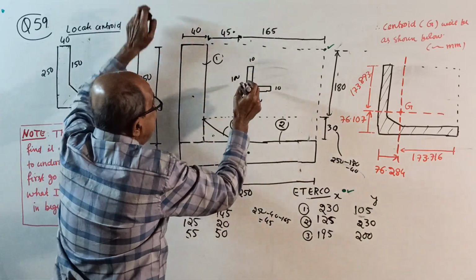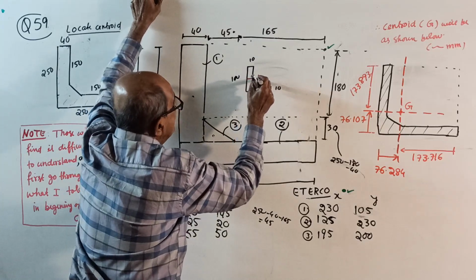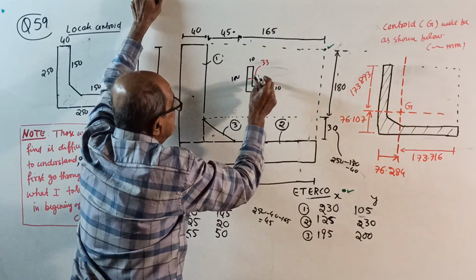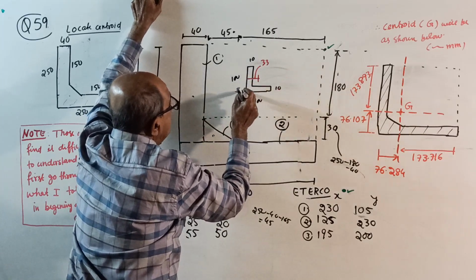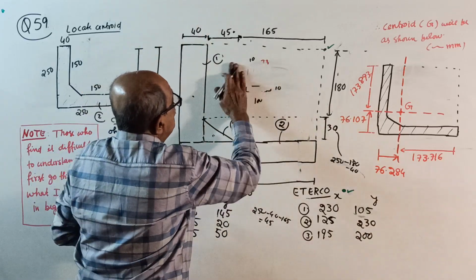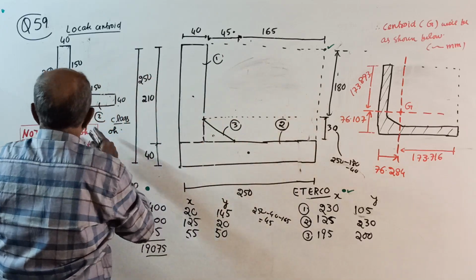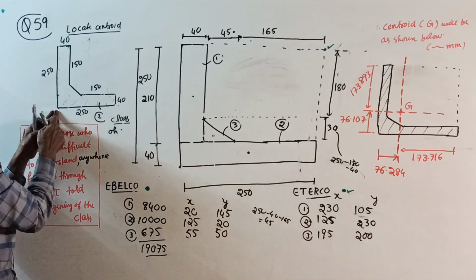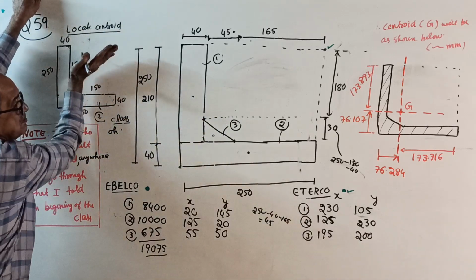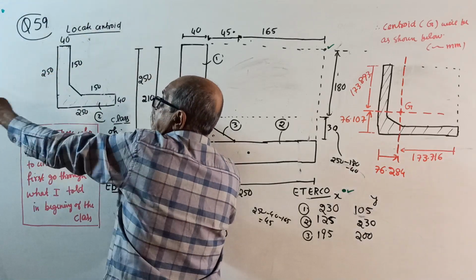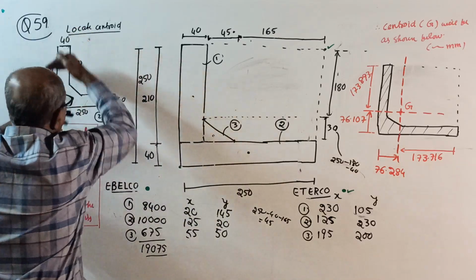Then, in case you get X bar here as, say, 33, then your Y bar from here also will be 33. You need not calculate both. See, right here. Here, whatever is x bar from left side is y bar from bottom. Or whatever is x bar from right side is y bar from top.